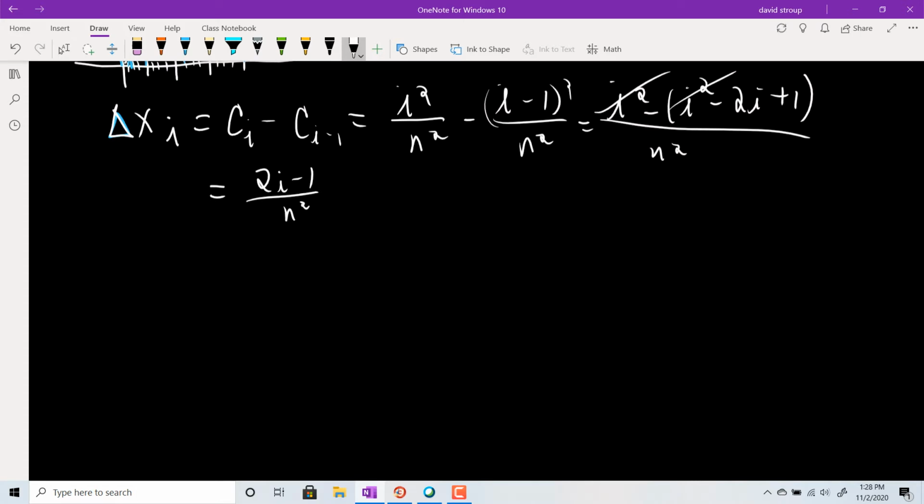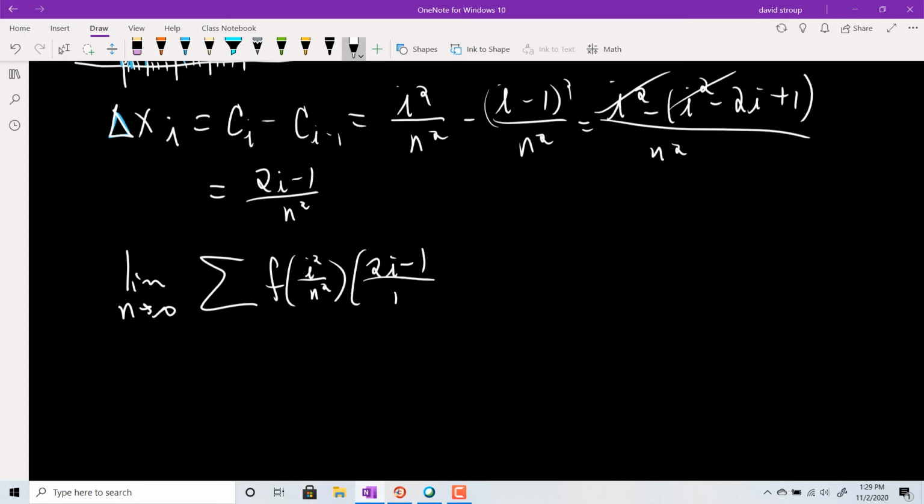Okay, so we want to figure out then the limit as n goes to infinity of the sum of f of c sub i, and c sub i is just i squared over n squared, times change in x sub i, which we just evaluated to be (2i minus 1) over n squared. And then we want to go i equals 1 to n.